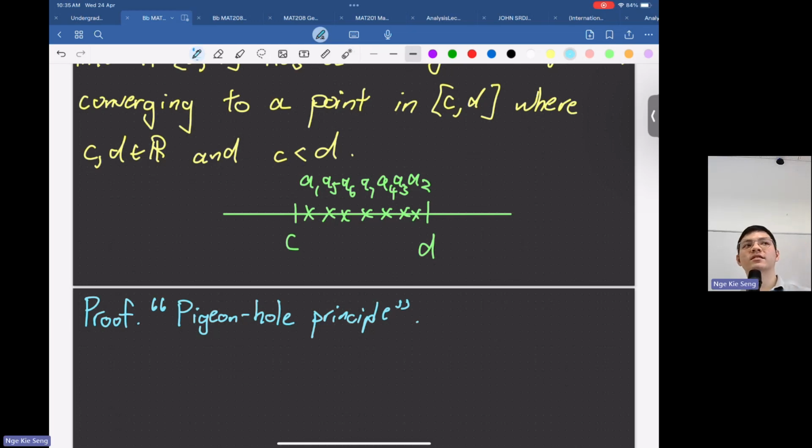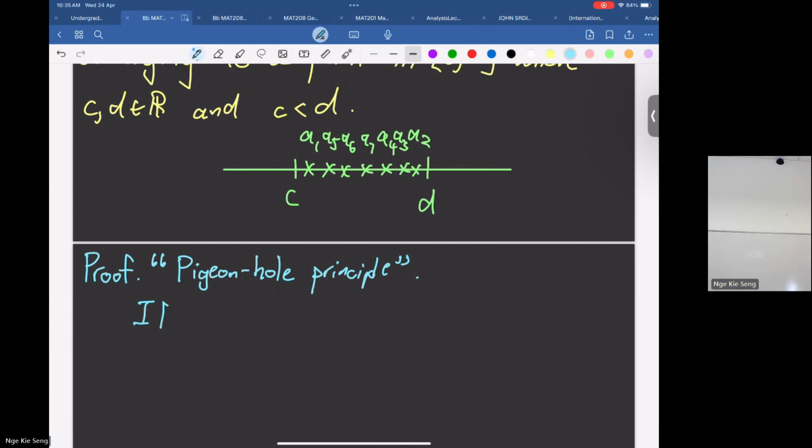So you can generalize this. Let's say the number of pigeonholes is strictly less than the number of pigeons. Then also at least one of the holes must have at least two. But we can generalize more here.